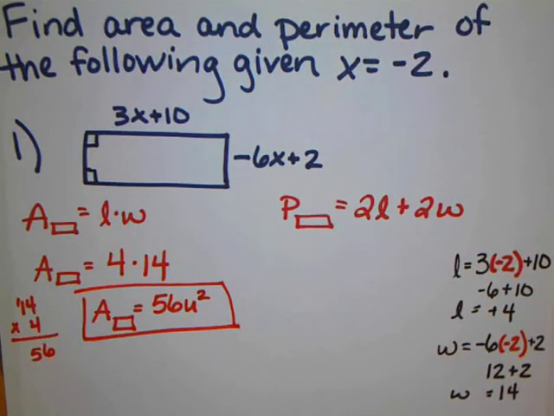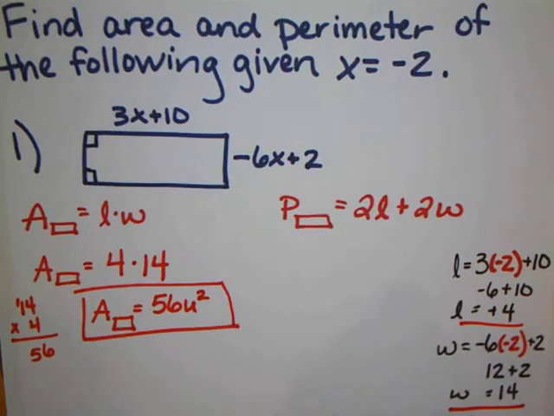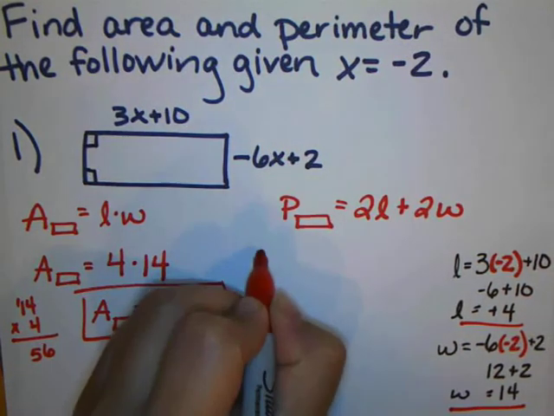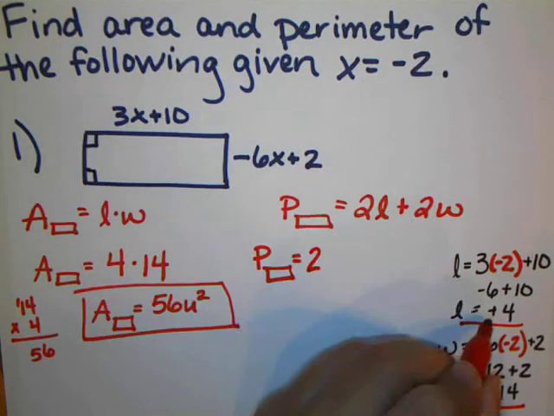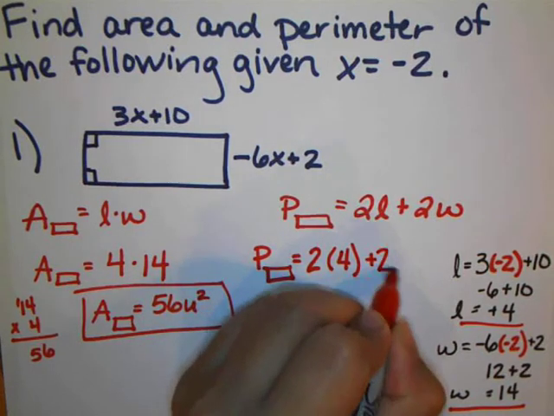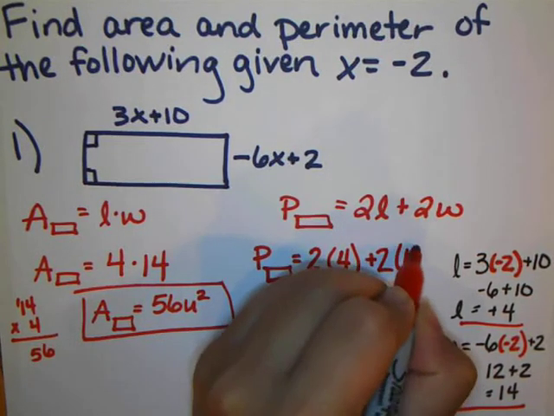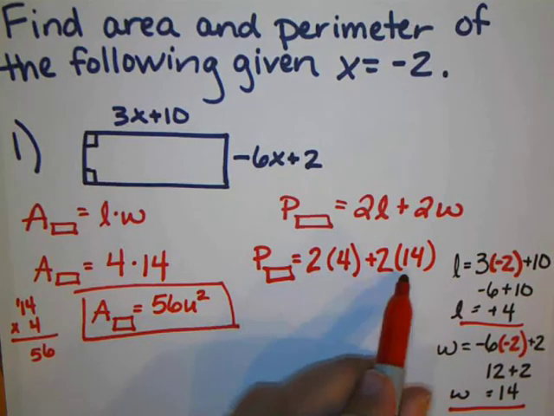The next one we're going to do is the perimeter. We've already found our length and our width, so given that information, the perimeter of a rectangle is 2 times L, 4, plus 2 times my width, 14. Order of operations again says to multiply before we add.